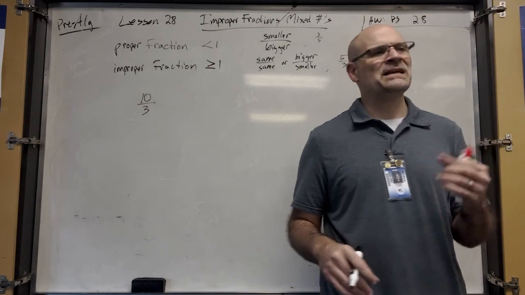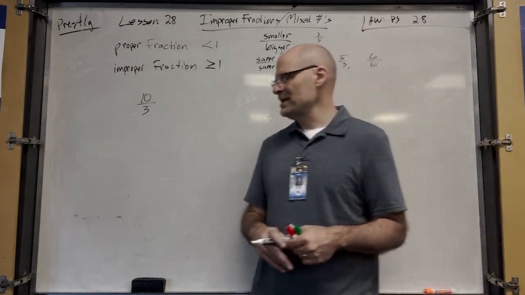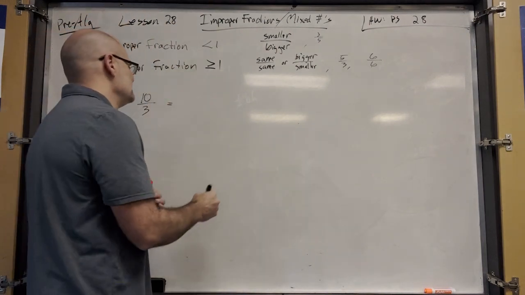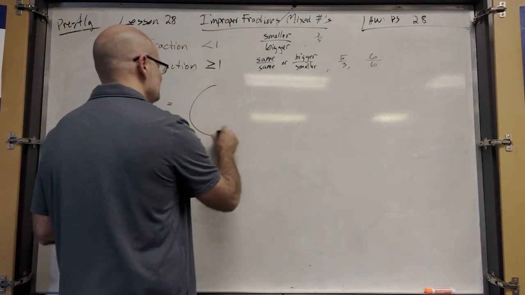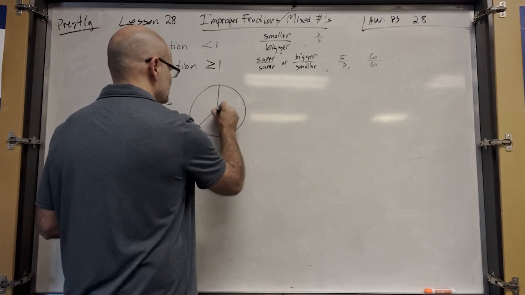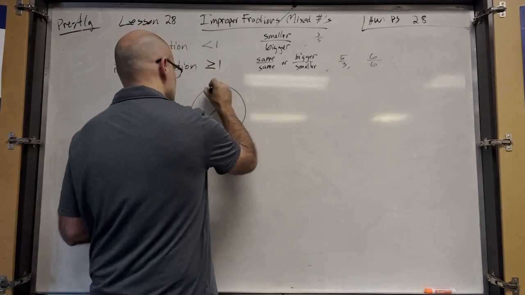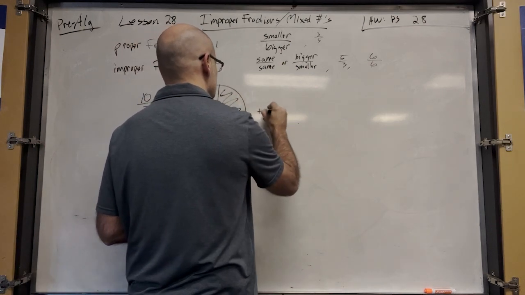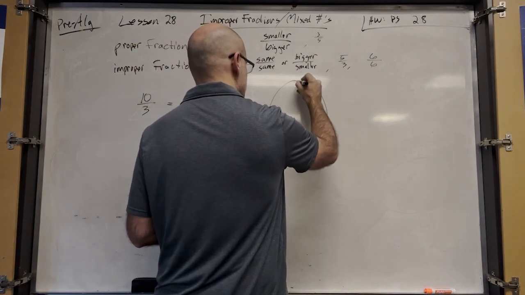How would you explain this? Daniel, do you have a good way to explain it? I got 3 pizzas and 1 extra slice. Or I have 3 pizzas and each pizza is made out of 3 slices, and I got 10 of those slices, so there's 3 pizzas and 1 slice.